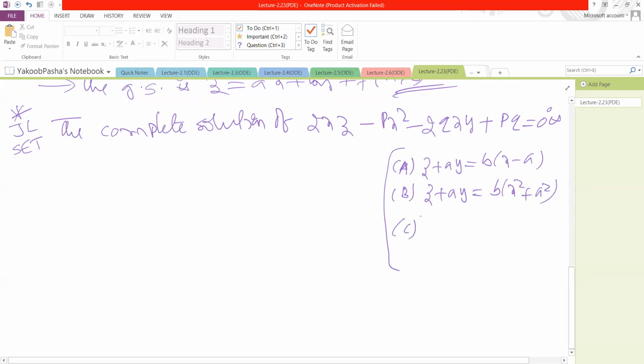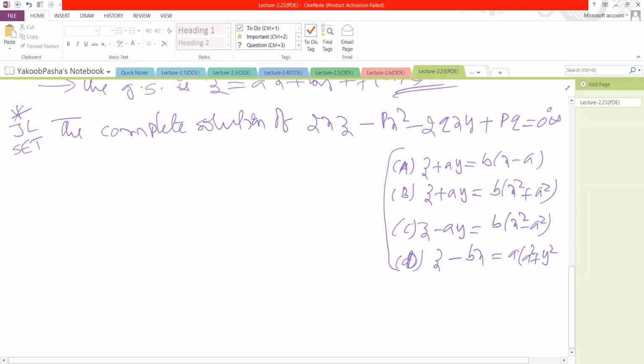Option C: z minus ay is equal to b into (x square minus a square). And option D: z minus bx is equal to a into (a square plus y square). These are the 4 options.